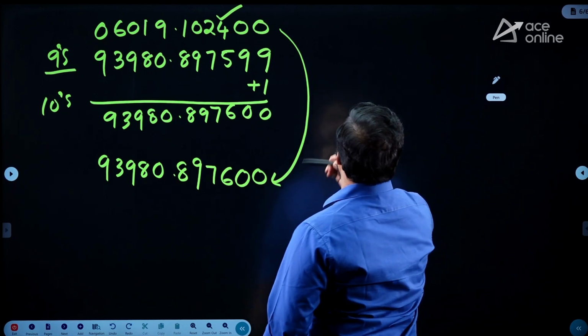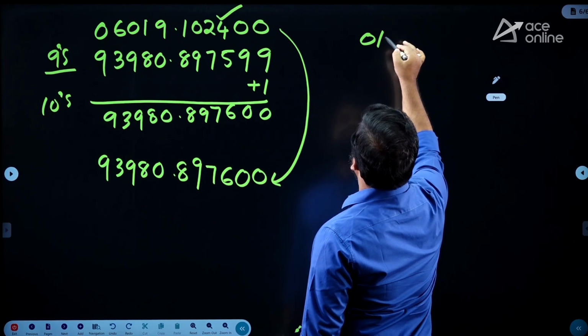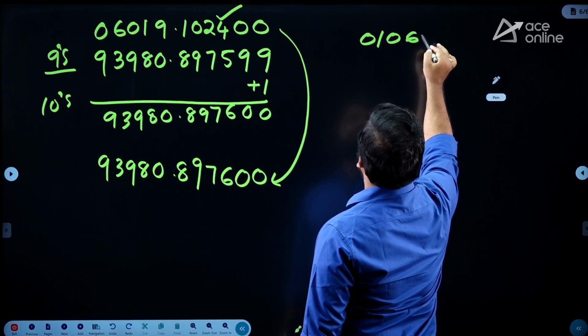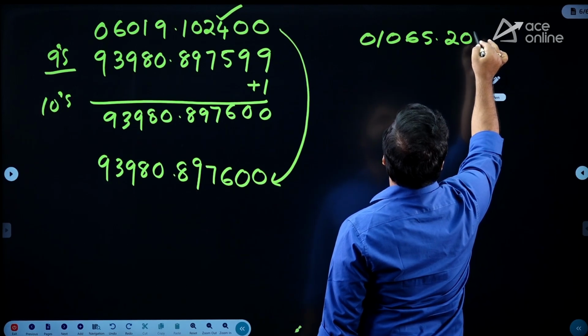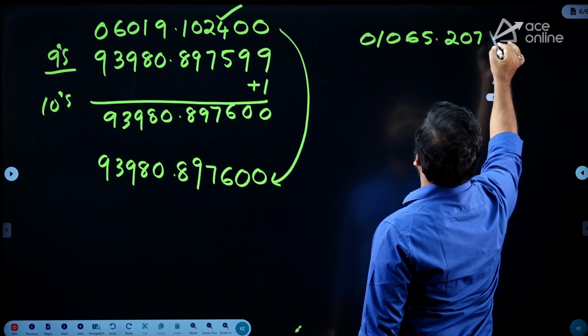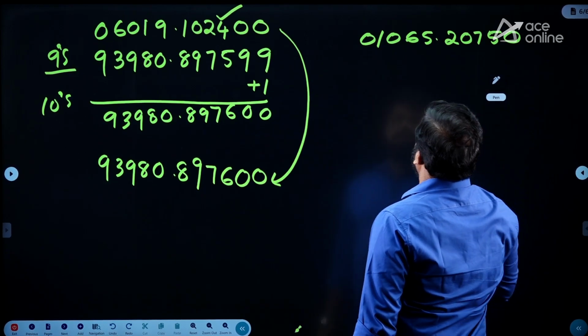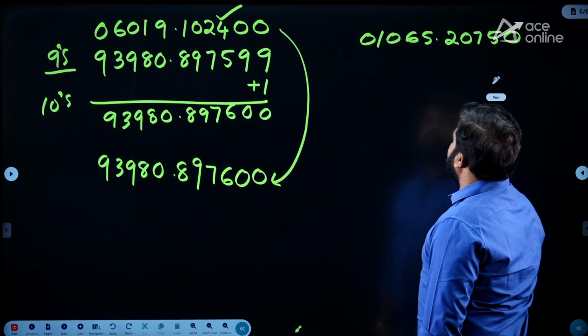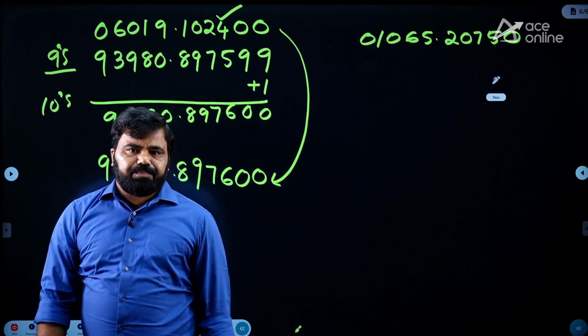So, let me take one more octal number. We need to find 7's complement and 8's complement of the octal number.